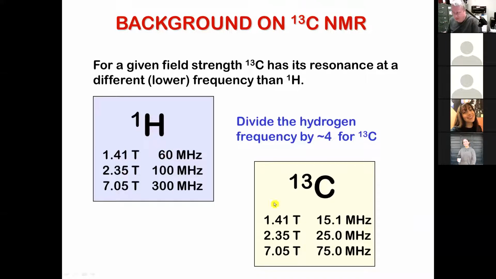And the carbon frequency is 1/4 of that. We did mention that also. So if I measure a proton NMR at 300 megahertz on my 300 megahertz NMR, then I measure carbon NMR, it'll be 1/4. So there's this 1/4 relationship between the proton frequencies and the carbon frequencies.